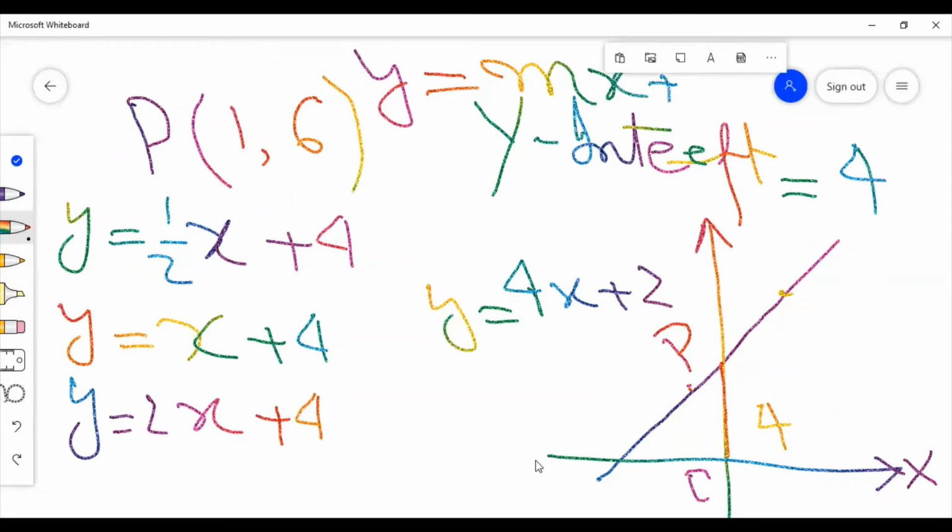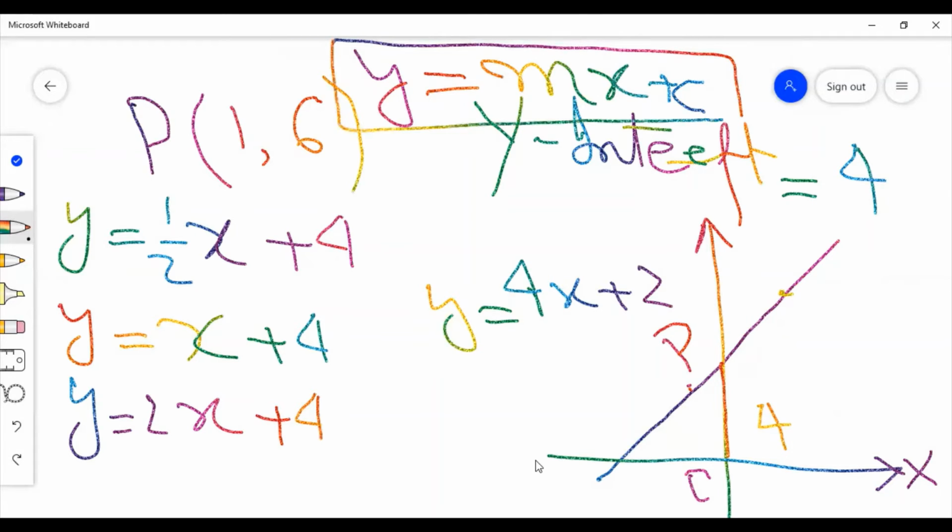y = mx + c. Actually, slope intercept form is this one. Written in the box. Okay, so wait, did you say the slope was 4, or the y-intercept is 4? Oh, okay.